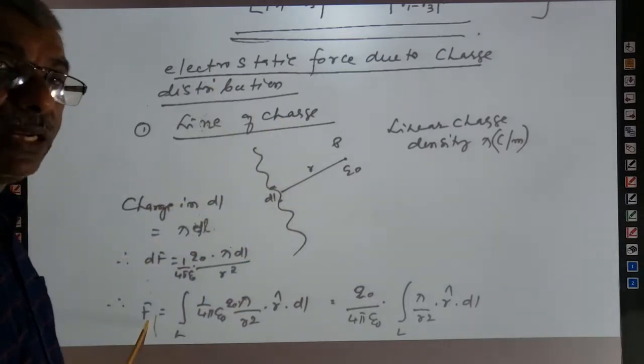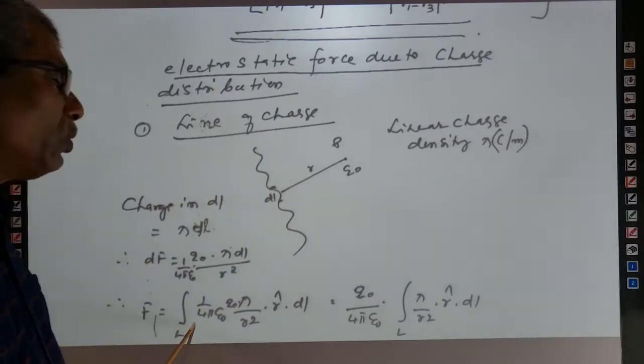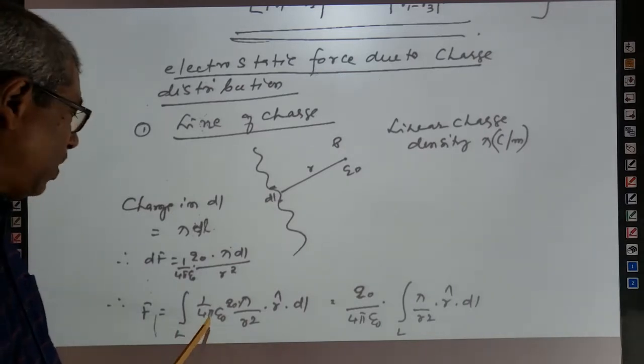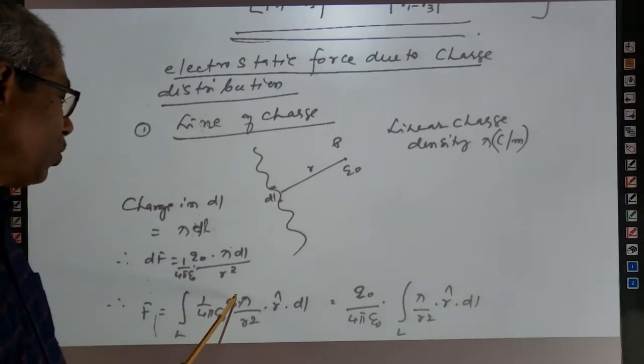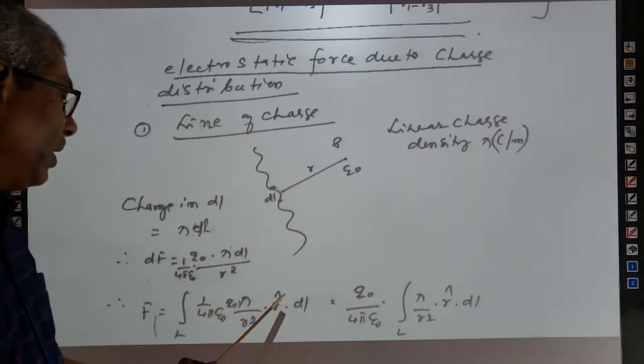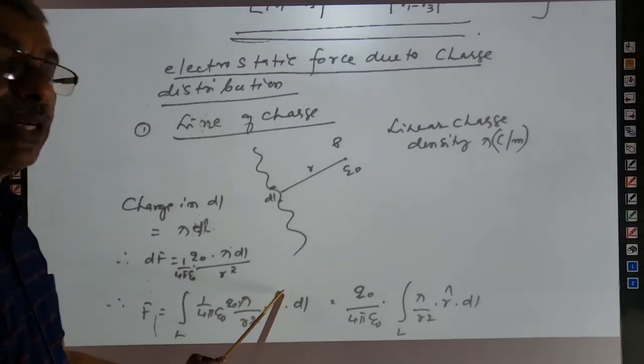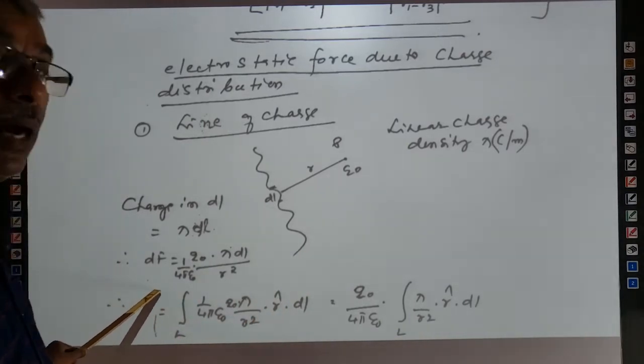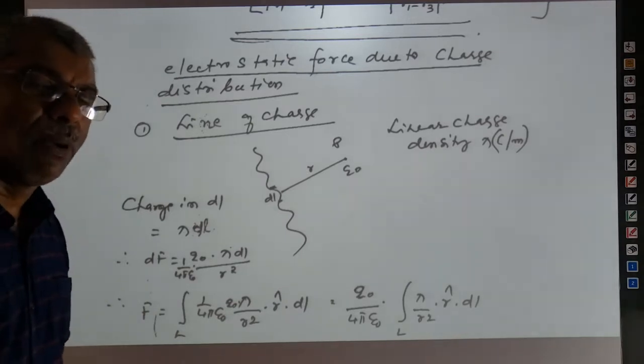The total force acting on Q0 is F, equal to the line integral of 1 by 4 pi epsilon 0 Q0 lambda dl divided by R square times the unit vector. Here you have to put a vector sign that is not marked.